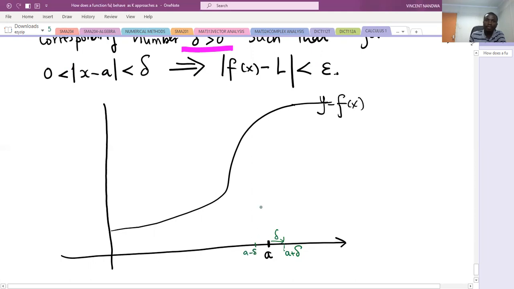So if I go to my graph, this is a point a, and the values of the graph, remember, are read on the y-axis.